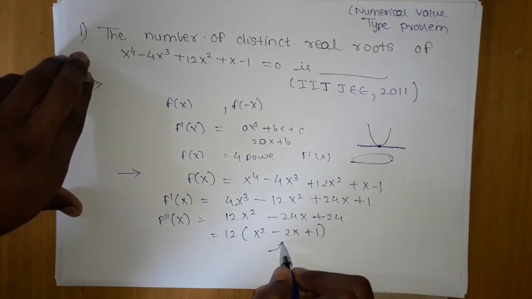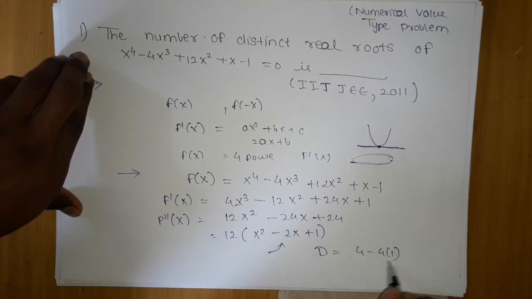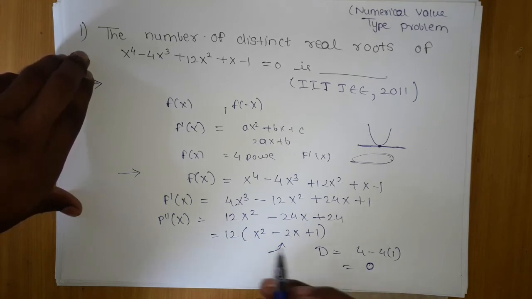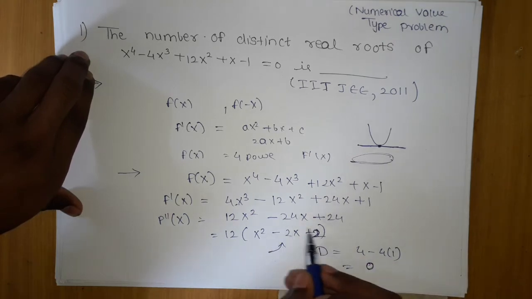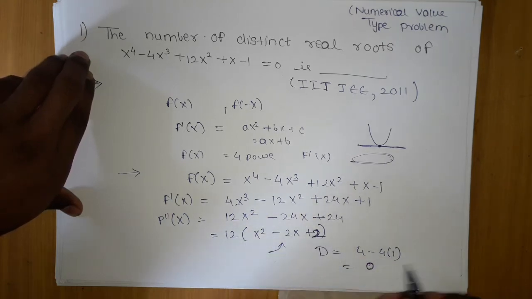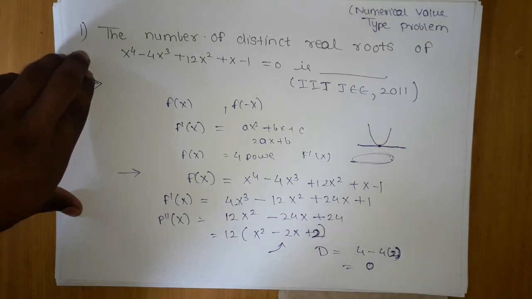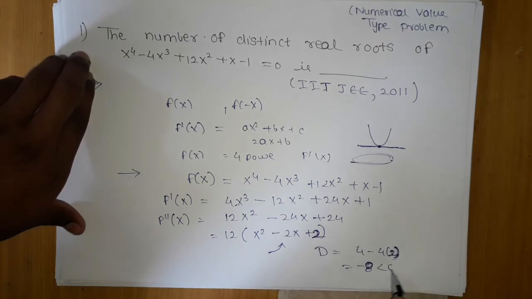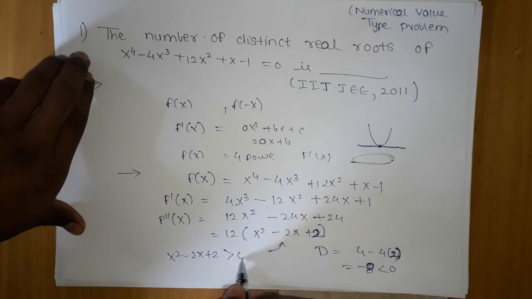Now let's check its D. Its D is 4 minus 4 into 2, so this is D less than 0, it is minus 8. Since D is less than 0, this thing x square minus 2x plus 2 is always greater than 0.